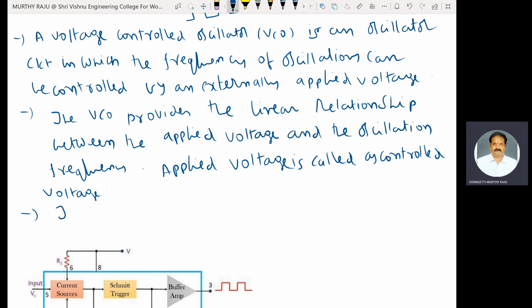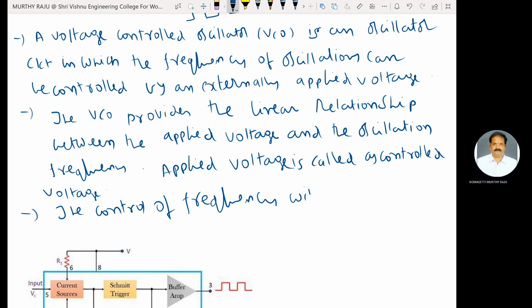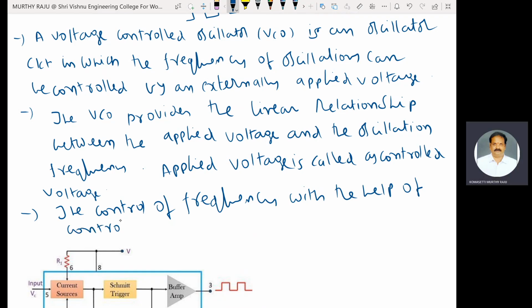Important point. Next point: the control of frequency with the help of control voltage is also called voltage to frequency conversion.